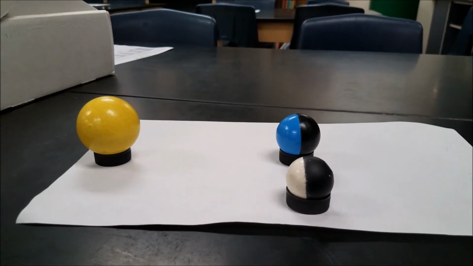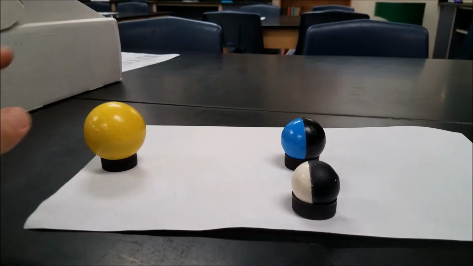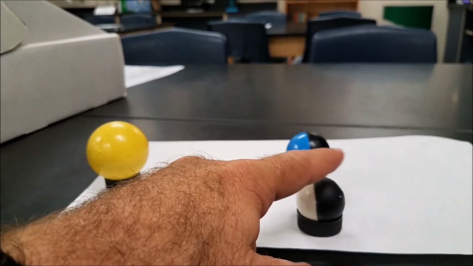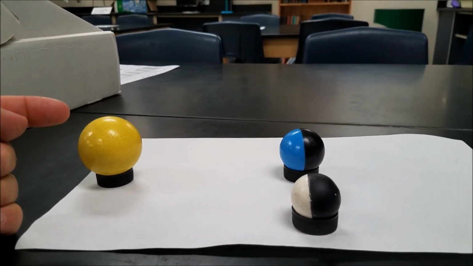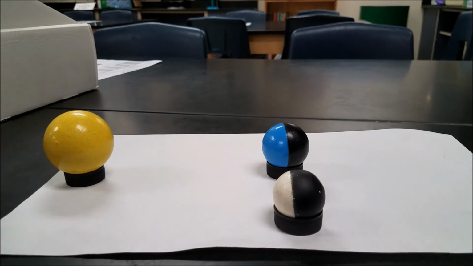This is a neap tide. The gravity of the sun is canceled out by the effect of the gravity on the moon, so the tides are being pulled in two different directions, and therefore they're weaker at this time.